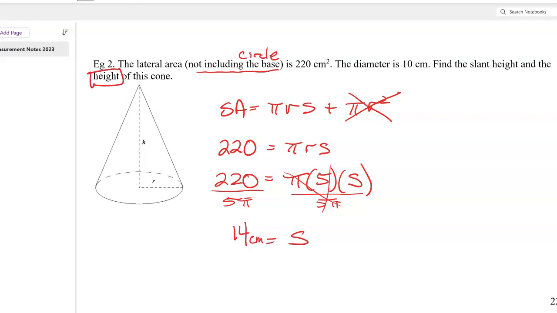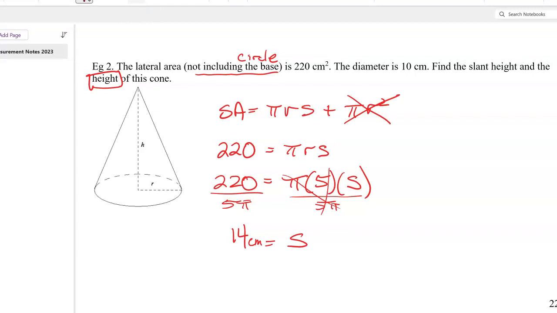So we've got to find the height. To do that, let's draw it out here. It tells us the radius is 5 because the diameter was 10. We just figured out the slant height is 14. So now we can find out what the height is. To do that, again, we'll use Pythagoras.